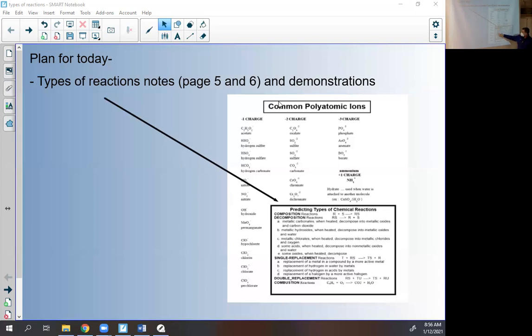Today I hope to at least get through the first 3 of them. They are composition, decomposition, single replacement, double replacement, and combustion. Easy enough? Then we'll talk about this table more as we go along, but let's go ahead on page 5 and dive into the notes.